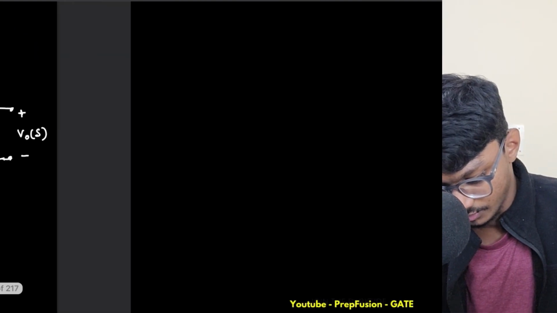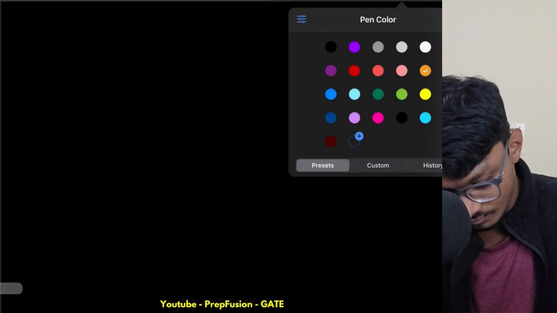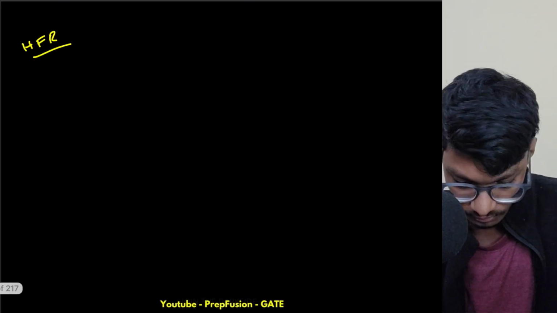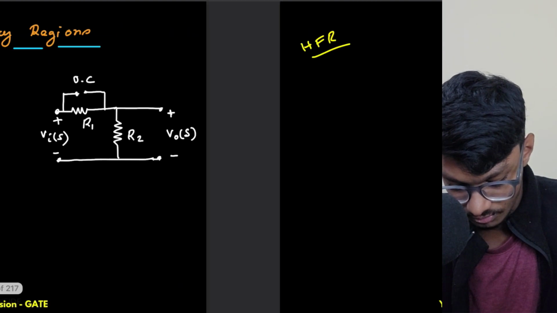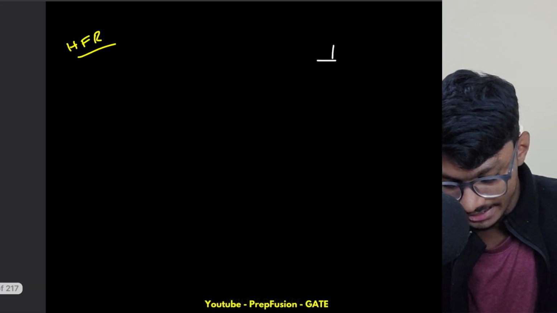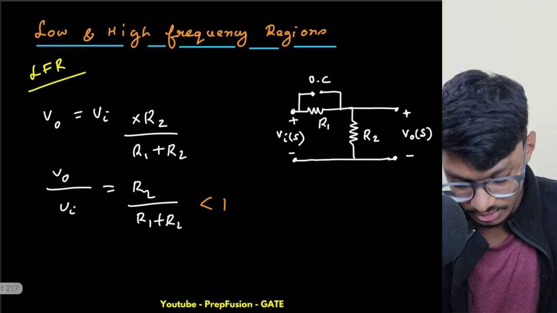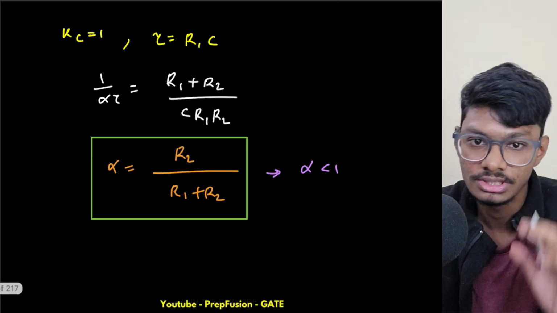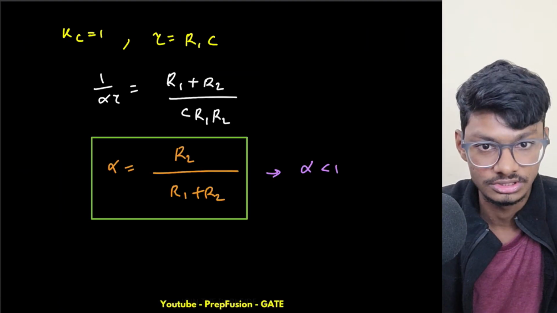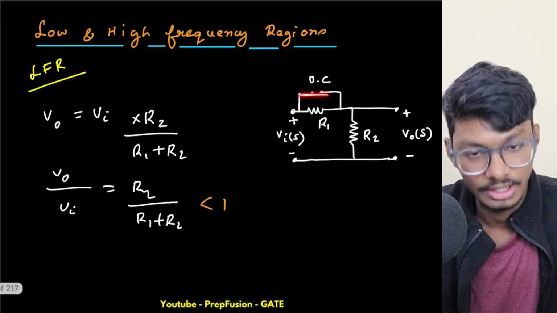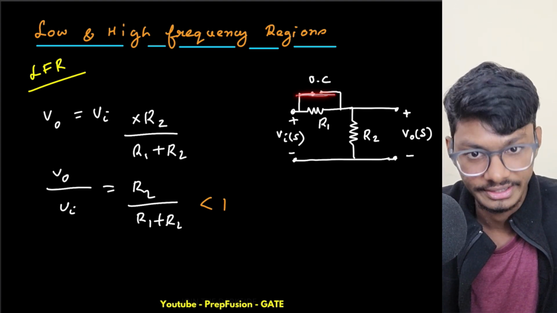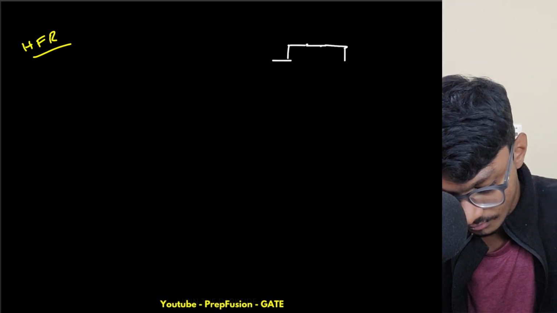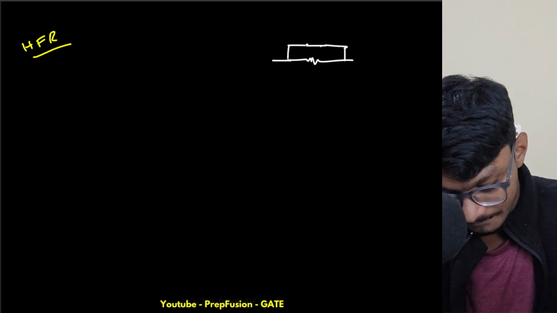In the high frequency region, S is infinity. Here S equals 0 was the DC gain, and if S is infinity, what will happen? 1 by CS will go to 0, hence the impedance is 0. Hence the capacitor will become a short circuit instead of an open circuit.